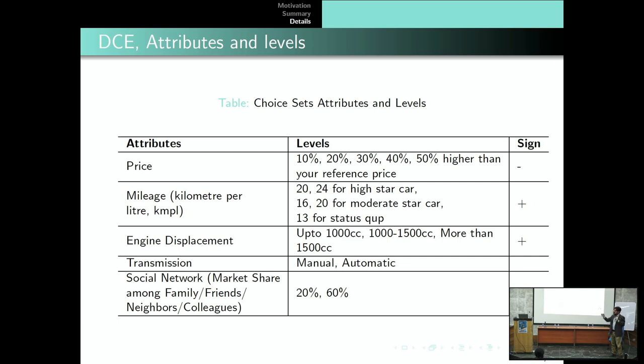What we did was, we asked in the first section of the survey, you are in the market, how much are you expecting or planning? What is the price that you are expecting to pay for a car in the future.